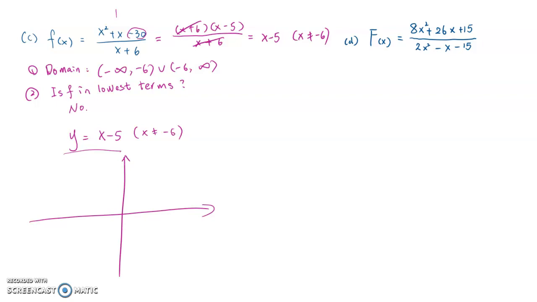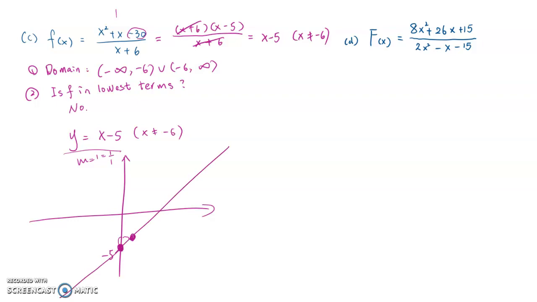It has a y-intercept of -5, so let's say -5 is over here. The slope is 1; you can see it as 1 over 1. So go up 1 over 1, and you have your second point. You connect the 2 points, and you have your line.